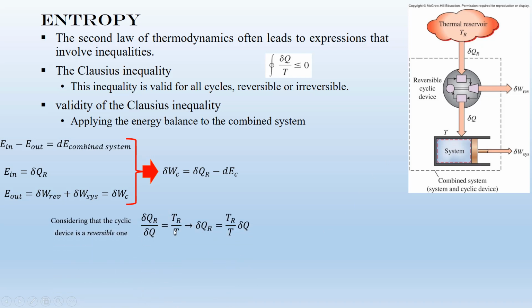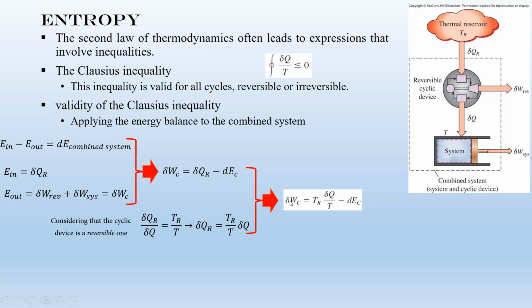And then from here, you can calculate the delta QR. If you substitute for delta QR from this equation into this one, we can write delta WC equals TR times delta Q over T minus dE for the system. Let's get the integral of this equation for a cycle.